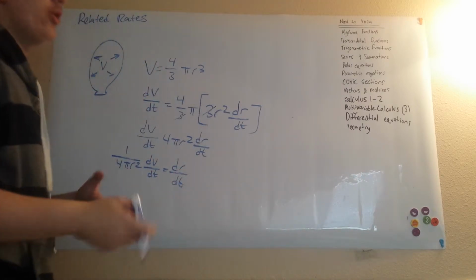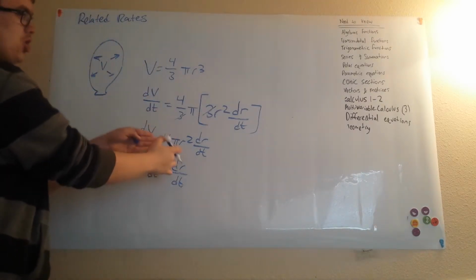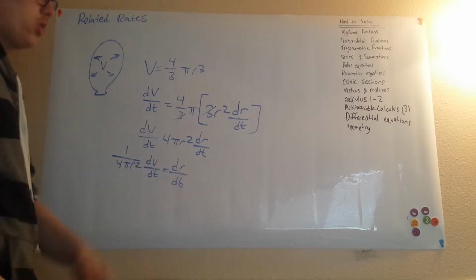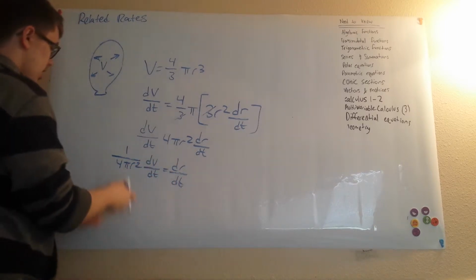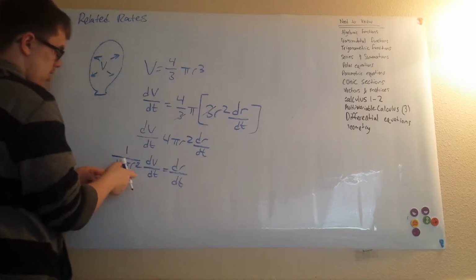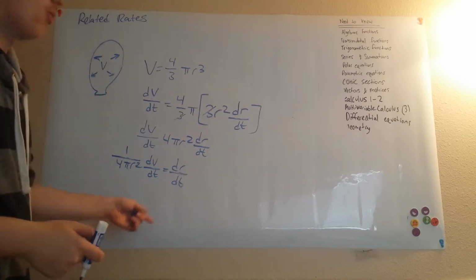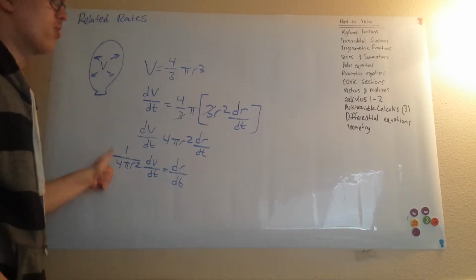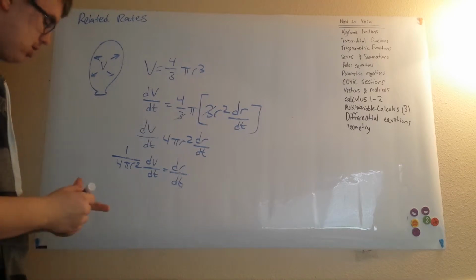So now if we want to find out the rate of change of the radius with respect to time, it is 1 over 4 pi. We need to know the radius at the time and the rate of change of volume at that time.